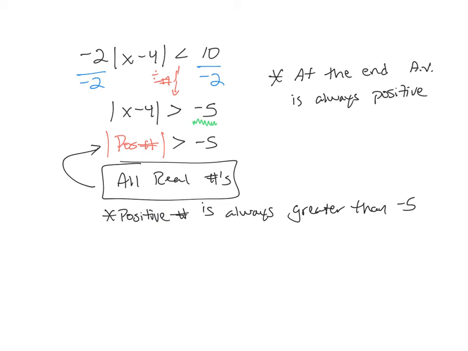Okay, so if I change the problem just slightly, okay, so if I divide by 2, I don't have to turn around the sign this time because I divided by a positive number, but I'm still here with this -5 thing.